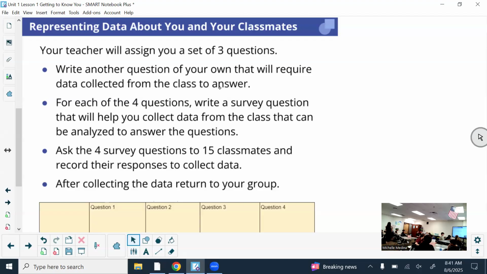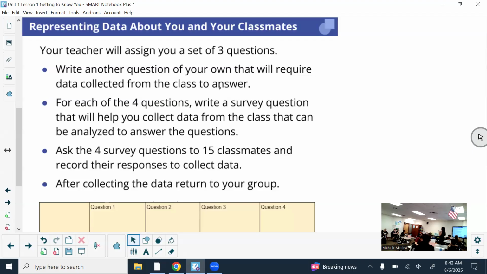So for today, head up please. You have a slip of paper with 3 questions on it. You are going to write those questions in the form of a survey question. So for example, this table, their first question says, about how long did it take students in the class to get to school this morning?